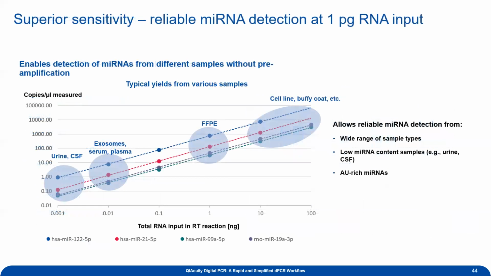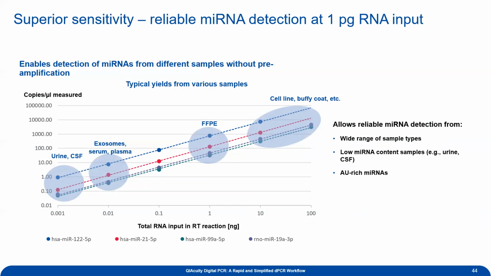Also, if you're working with difficult sample types, things like, let's say, microRNAs in different biofluids or different materials. Pretty much here what you're seeing is copies per microliter on total RNA input across 4 different microRNA species. You have some things which have very high amounts of microRNA, which are pretty easy to work with, like your cell lines, your buffy coats, your extracts, and so on.